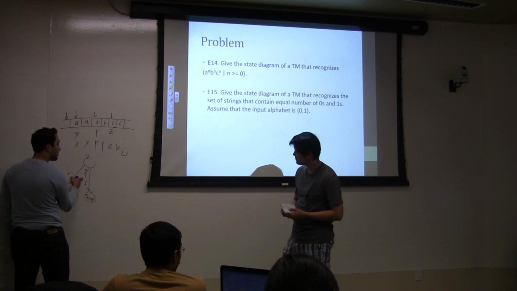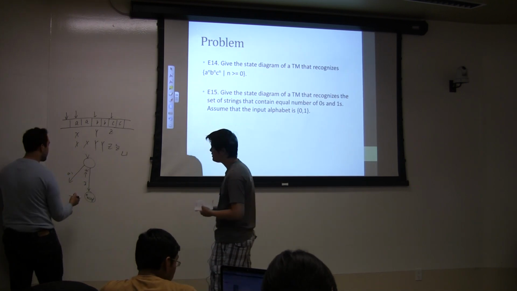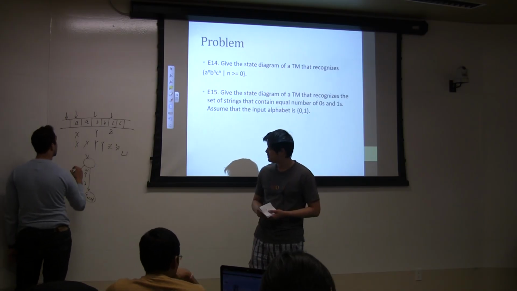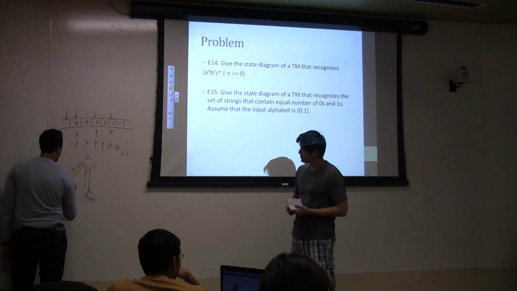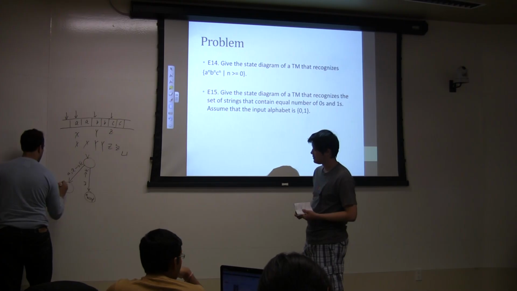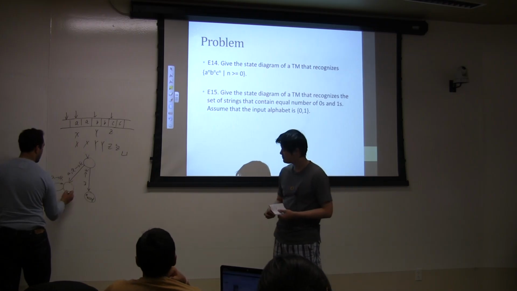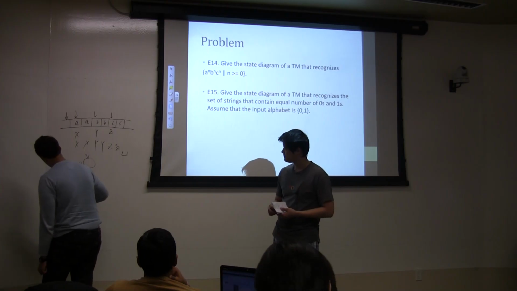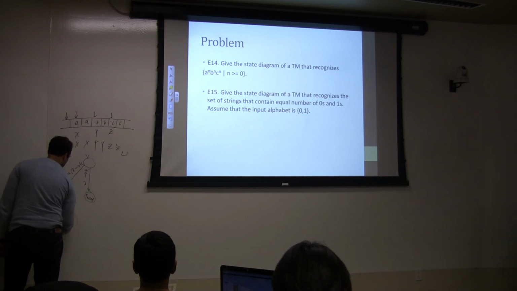But what was the second one? Oh, I don't have to write it, right? I can just do this. So if it's an A, I replace it with X, and I go right. If it's a B, put Y, and I go right. Let me do it this way.